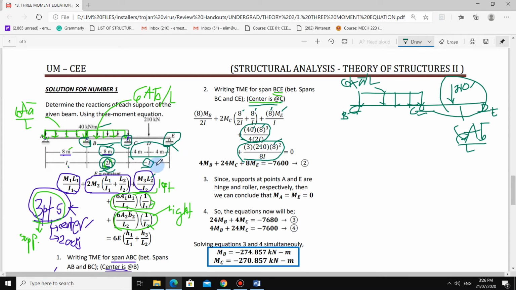Okay, over 8, then I only here, guys, so it becomes 8I. So again, no settlements involved, so 0. So simplify, so when you simplify, it becomes 4 MB, then plus 24 MC, then plus 8 ME is equal to negative 7,600. So this will be your equation 2. Okay? This will be equation 2.